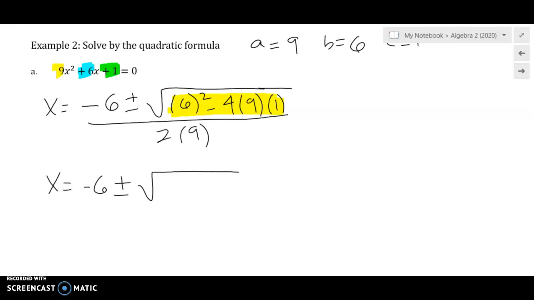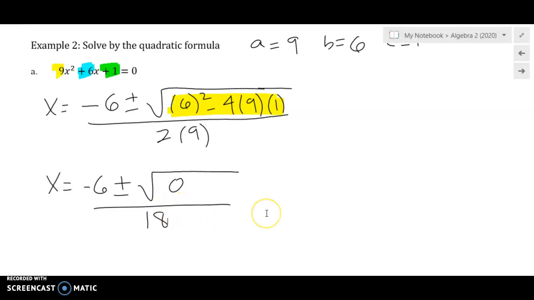If I use my phone or type it into Google, 6 squared minus 4 times 9 times 1 is actually going to give me 0. And then that's going to be divided by 2 times 9, which I'll switch to 18. So I narrowed it down so it's not so crazy.